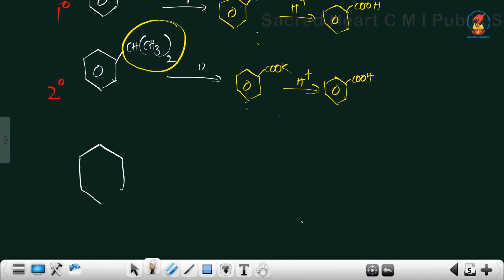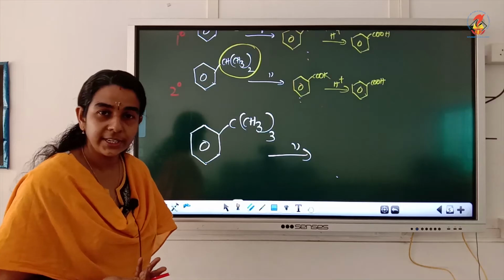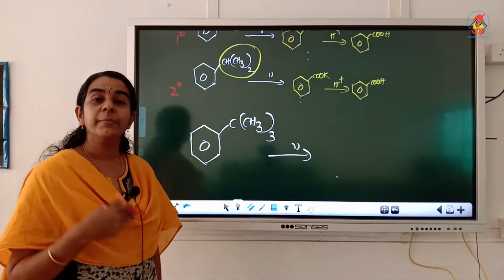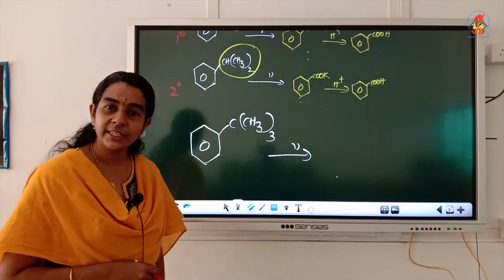If we have a tertiary butyl group as the side chain, we know that the tertiary butyl group is CH3 thrice C as the side chain in the benzene ring, and if we are doing vigorous oxidation of this compound by heating with alkaline KMnO4, will there be any oxidation?